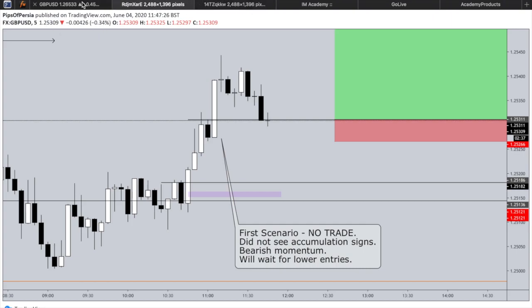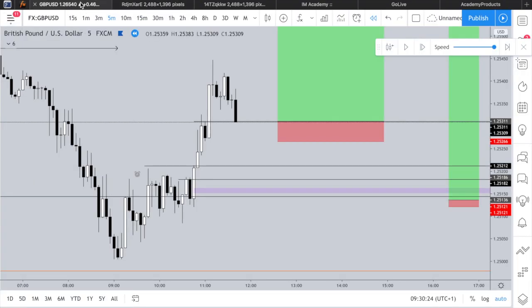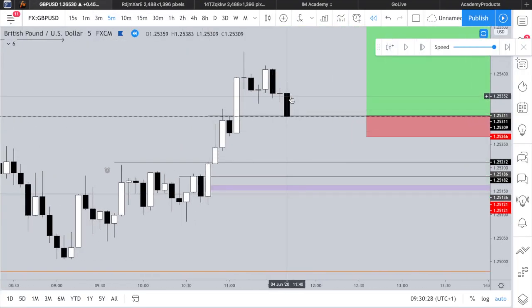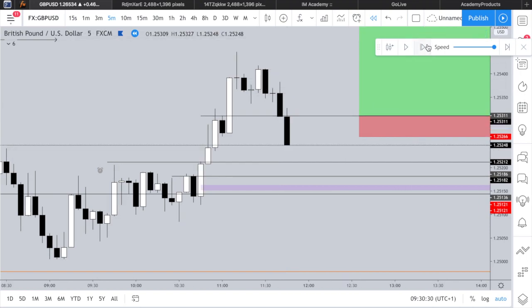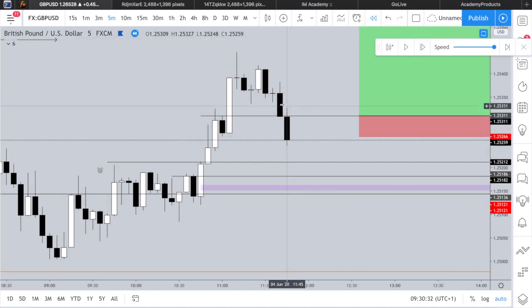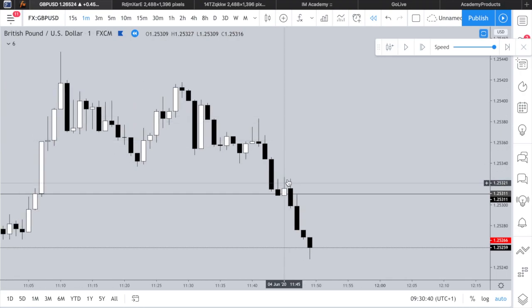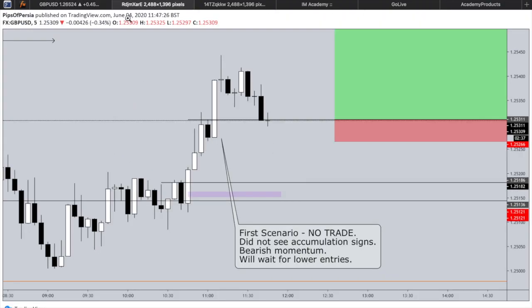On the 5 minute time frame, this was taken on June the 4th at 11:47 a.m. UK time. So we were, if I'm not mistaken, at 11:47, right over there. Right before we got this move to the downside, that's the 11:45 candle. If I go down to the 1 minute time frame, 11:45, 11:46, and that was 11:47.